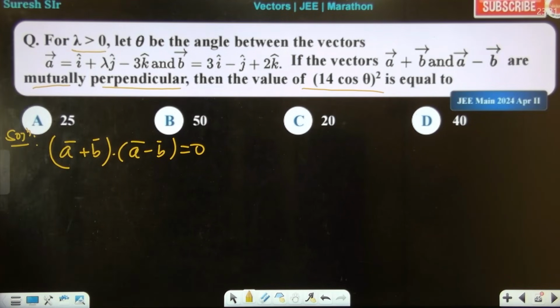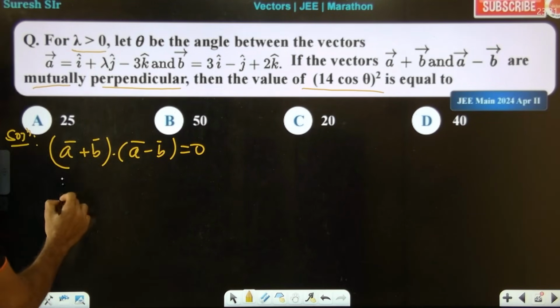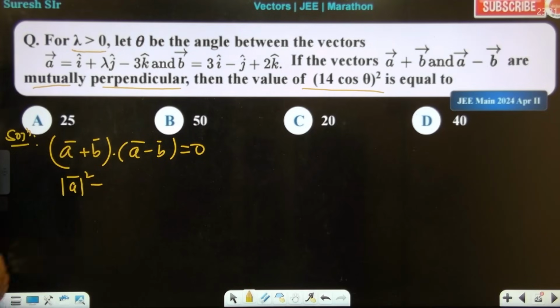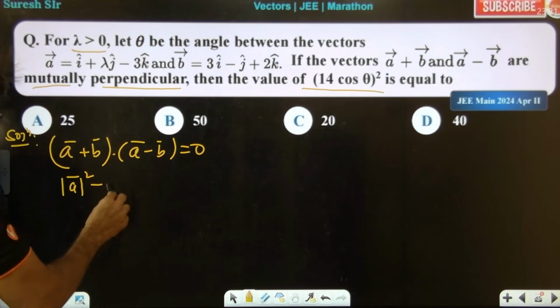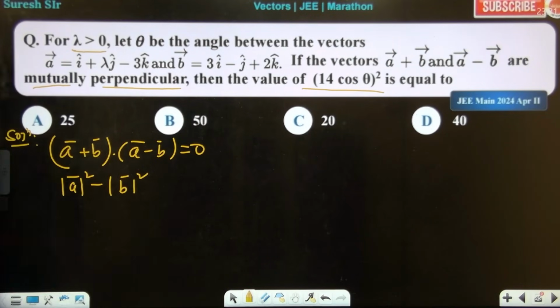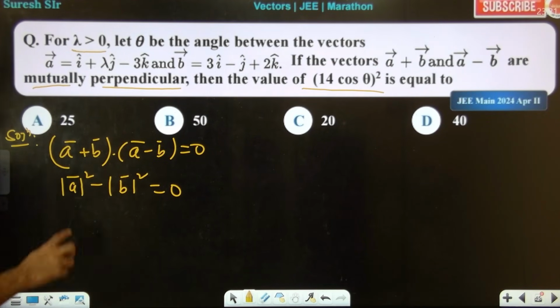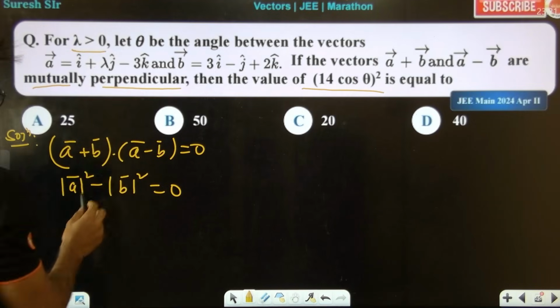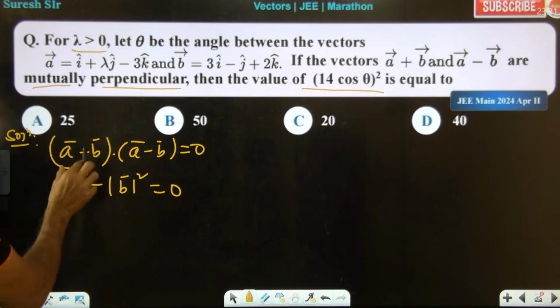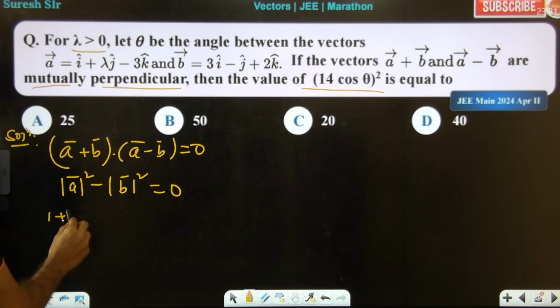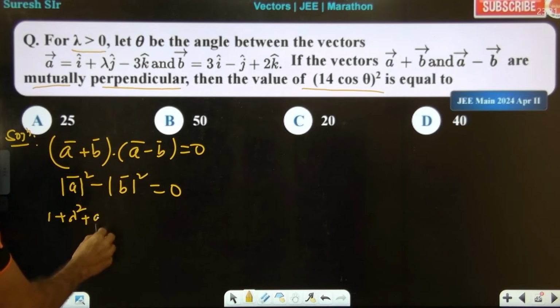Sir, if the dot product is equal to 0, then what will come? So magnitude of A square minus magnitude of B square is equal to 0. What is the magnitude of A square? 1 plus lambda square plus 9.